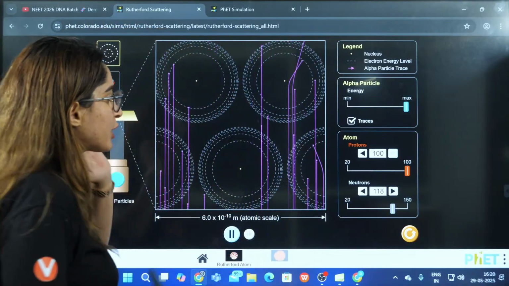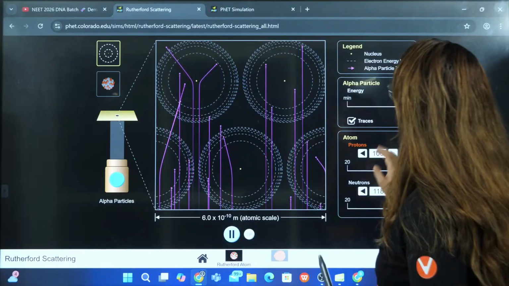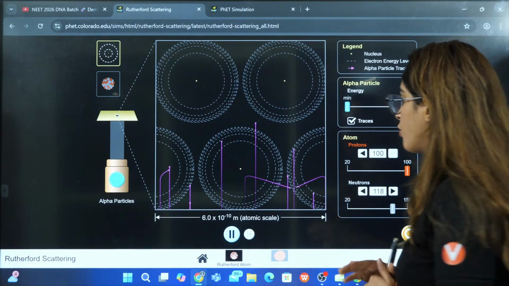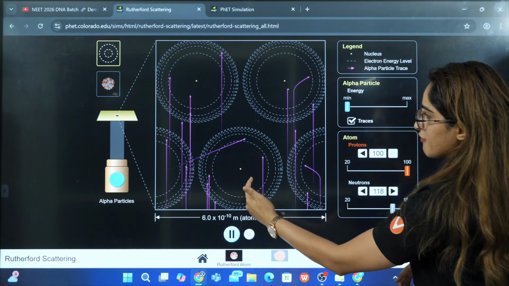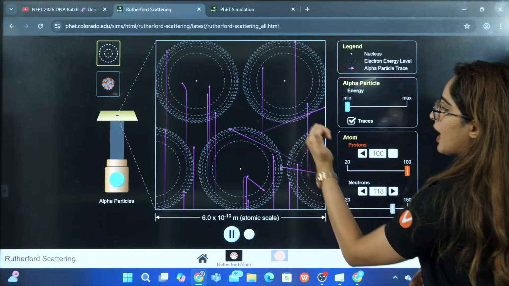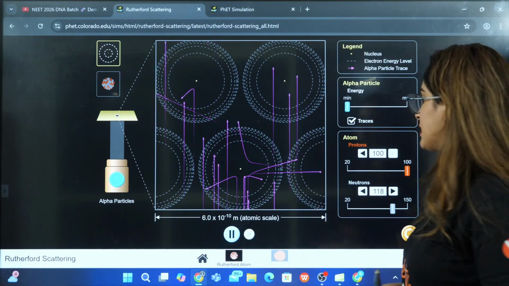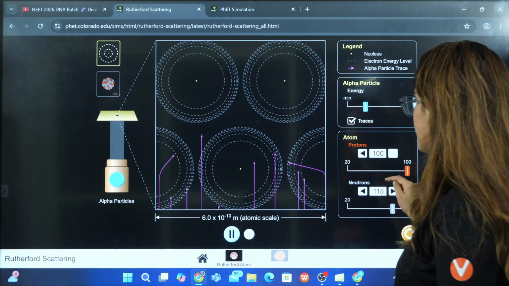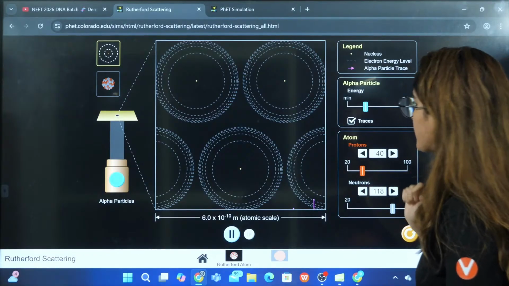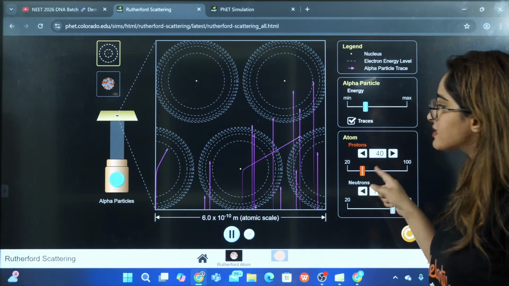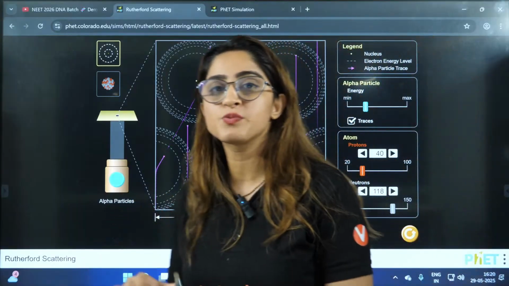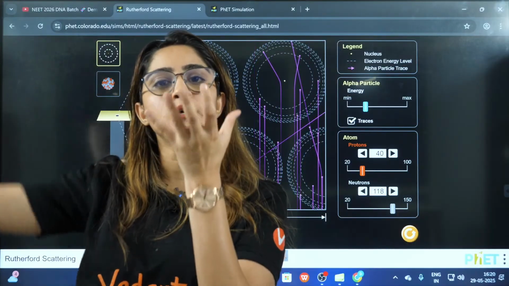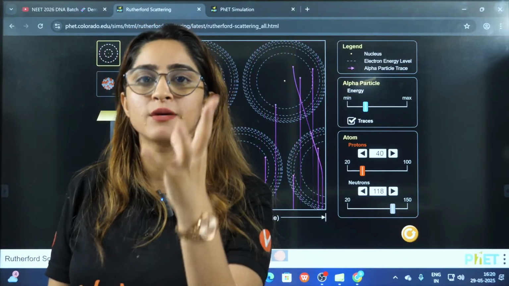Okay, is that clear to everybody or not? Now, if I minimize the energy, in slow motion you can see that very few alpha particles are bouncing back, very few are deflecting, and most of them are passing straight, right? If you increase the energy and decrease the protons, then very rarely will there be bouncing, because the protons are fewer. The alpha particle is the same, but the positive sphere inside that atom has decreased.